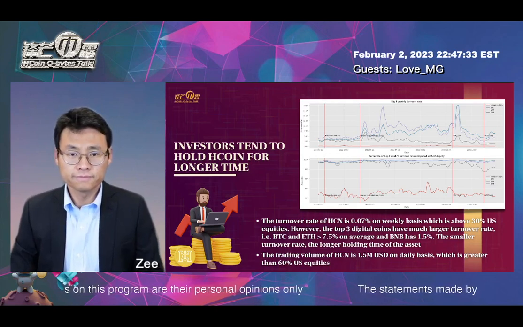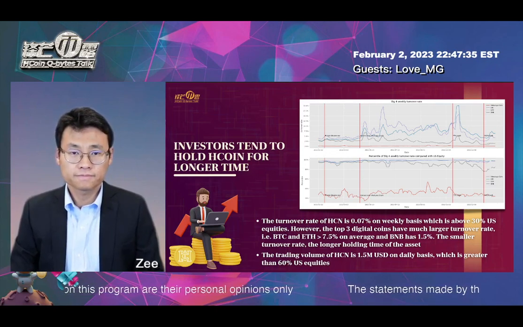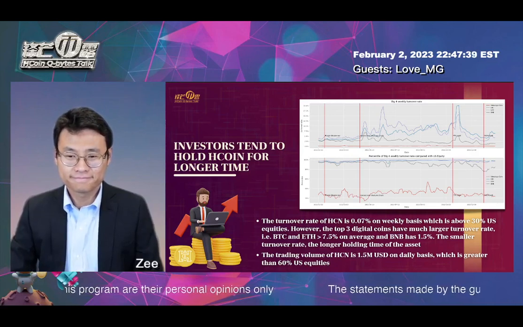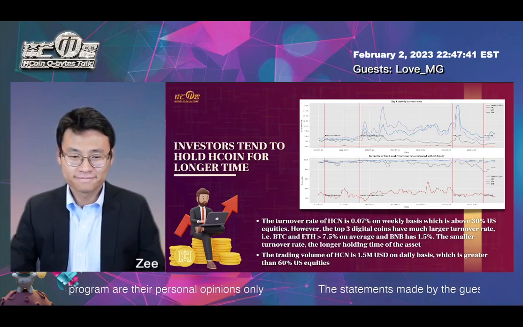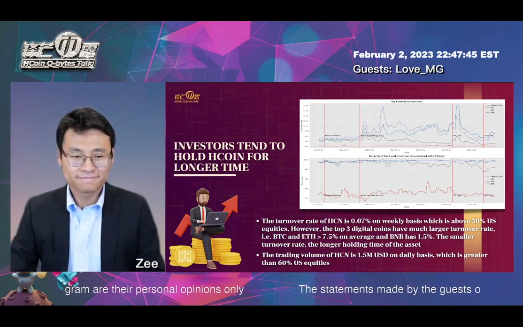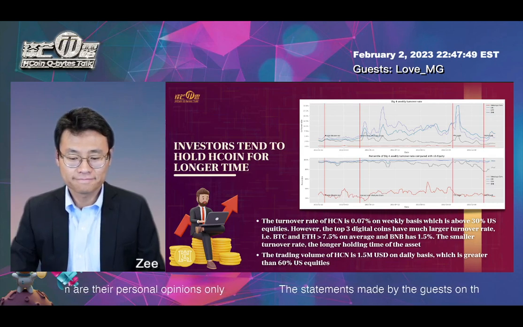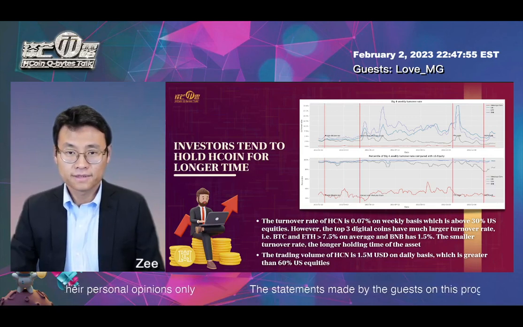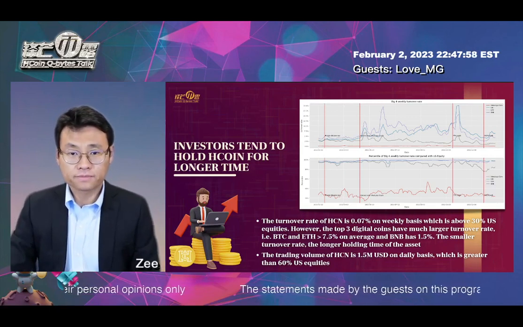Based on this number, you can judge whether it's a good investment, whether you want to hold it for a longer time or not. For HCN, you can calculate this number as well, and for other U.S. equities too. From this chart, you can see that most investors of HCN tend to hold this asset for a longer period of time. So they trust it.